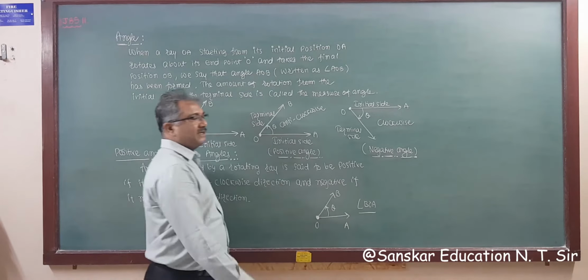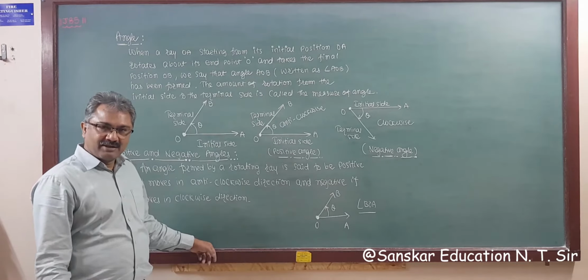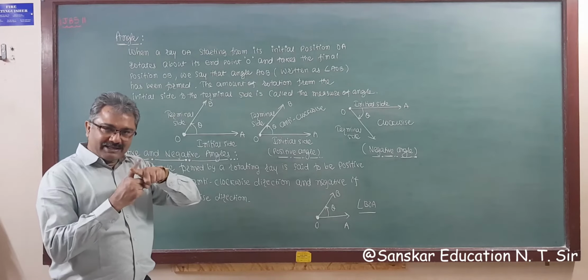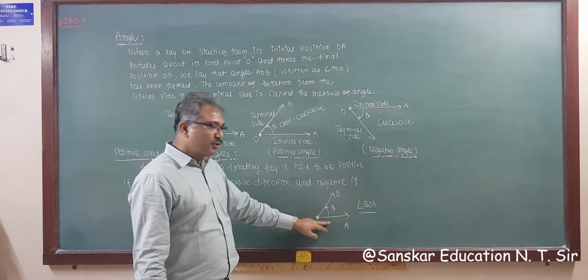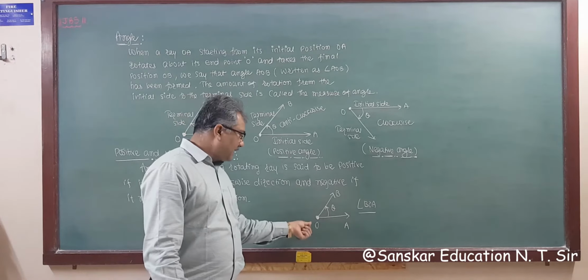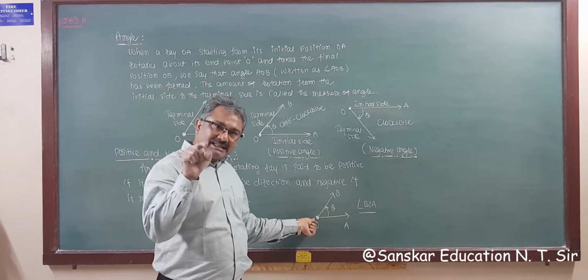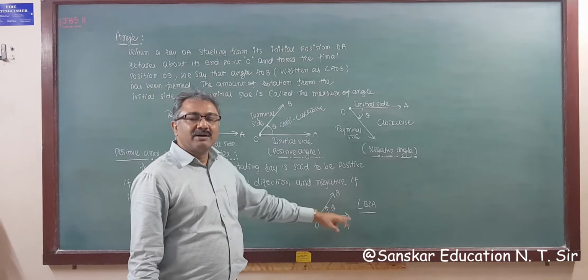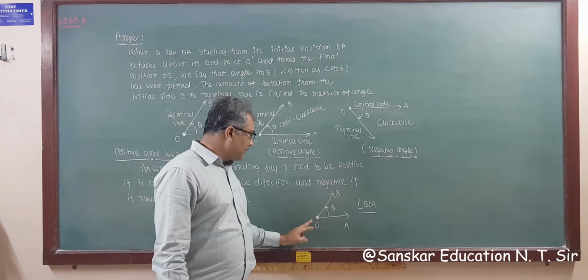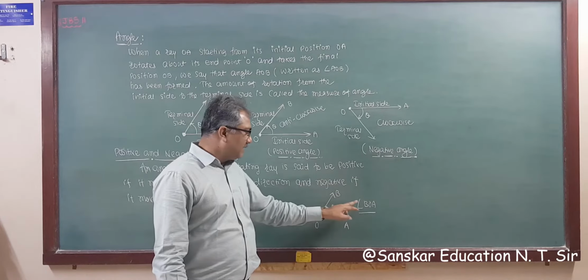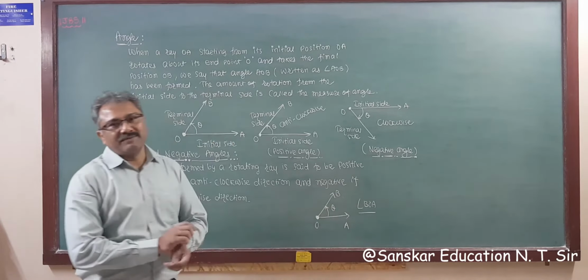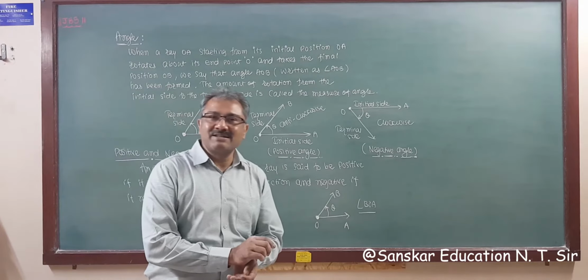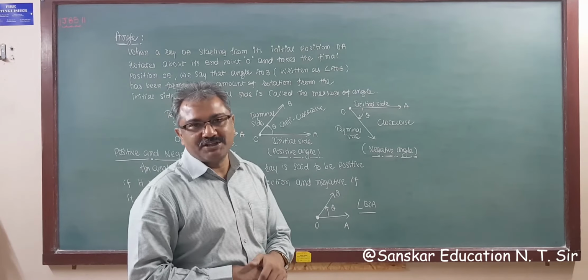You learned this, right? The union of any two rays with the same starting initial point, this is your initial point, is called an angle and read as angle BOA. But now in 11th standard your definition is changed.